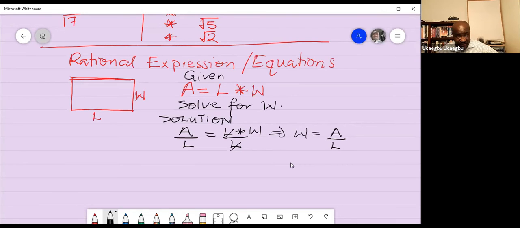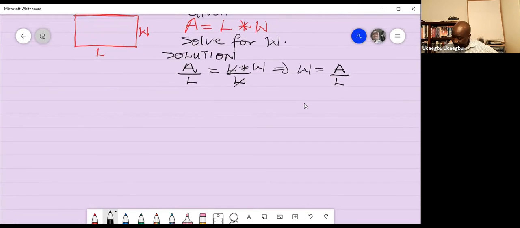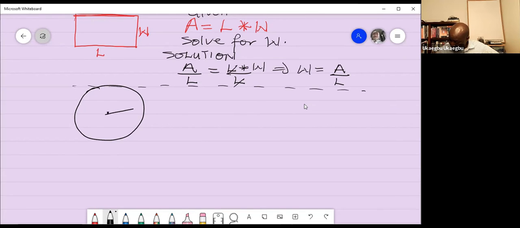Now, let's do another very easy example. Everybody draw a circle. And in this circle, it has a radius. So now we are going to consider two formulas. One of them is the circumference of the circle. So somebody give me the circumference of a circle.